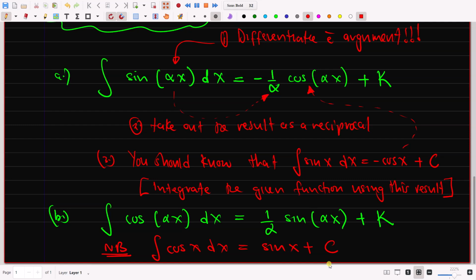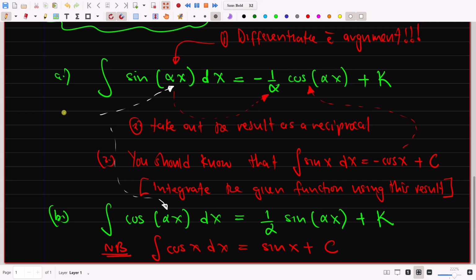These are the results that you need every time when you're integrating trigonometric functions. What we need now is to see how to apply these in problem solving. One thing you have to be careful of is that the argument must be linear all the time.